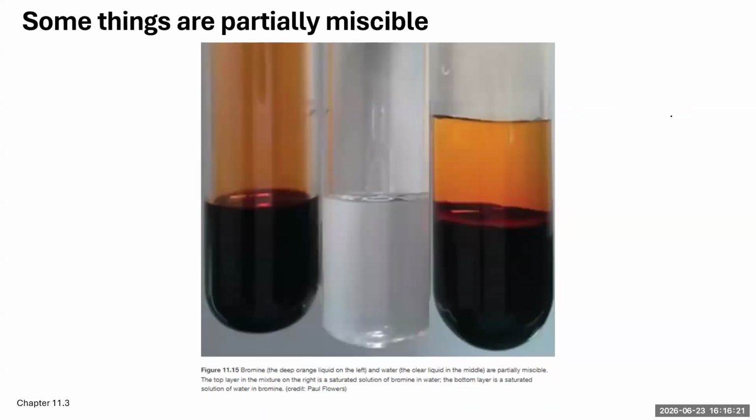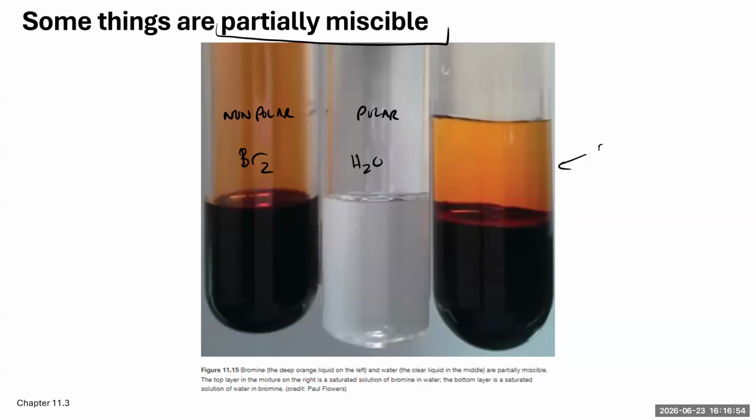Some things are also what's called partially miscible. Here we have bromine, Br2. This is non-polar. Here we have water, H2O. This is polar. So this is going to be what's called partially miscible. That's when you get some brown.